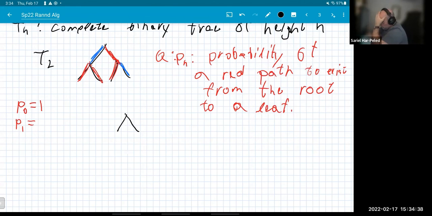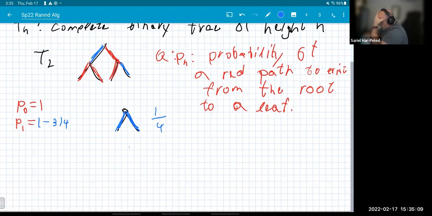The root has 2 children, and the only bad case is if both edges are blue. The probability for that is a quarter, right? Probability of the left edge being blue is half. Probability of the right edge being blue is half. They're independent, so probability of both is a quarter. So P1 is 3/4, right? Because it's the complement. It's 1 minus 1/4.